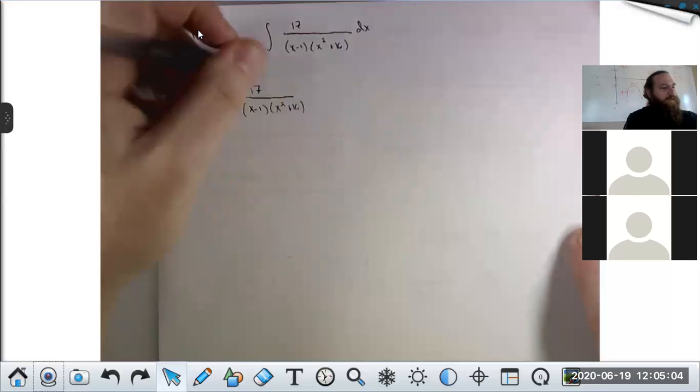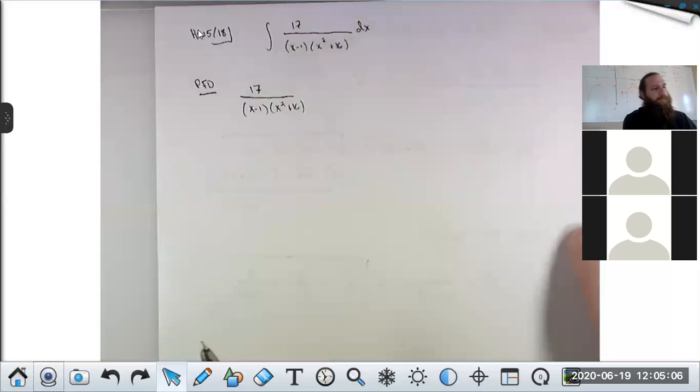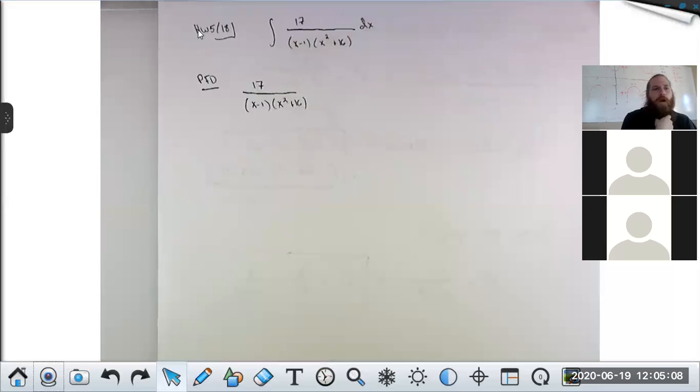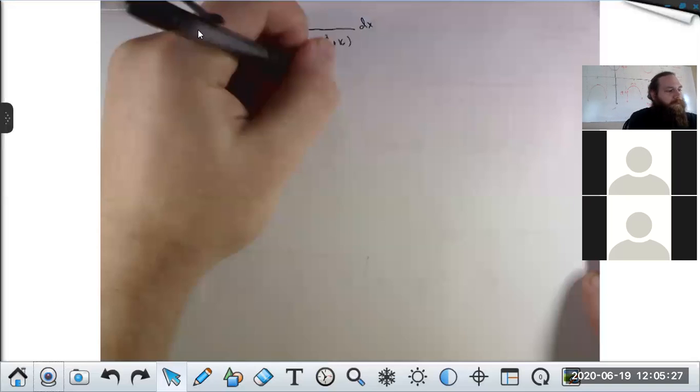I know that this quadratic is irreducible, for example, because I can picture the graph, right? The graph of x squared plus 16 is the regular x squared graph bumped up 16 units, which means that it will not have any x-intercepts. No x-intercepts means no factors, because a factor and an x-intercept come together. So this guy really is irreducible, which means that the setup looks like this.